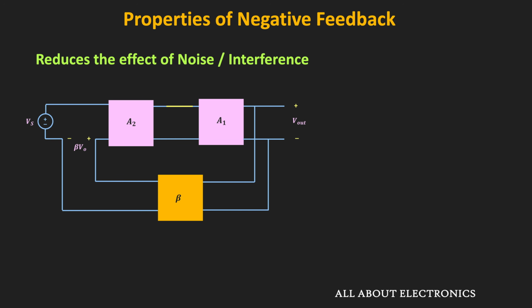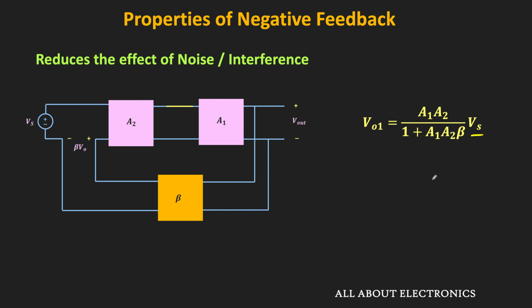So in this condition, if you see the overall gain in the forward direction, then that is equal to A2 times A1. And here, this feedback is equal to beta. So in this condition, if we see the output voltage VO1, then that is equal to A2 times A1 divided by 1 plus this A1 times A2 times beta. And of course, it will get multiplied by this input signal.